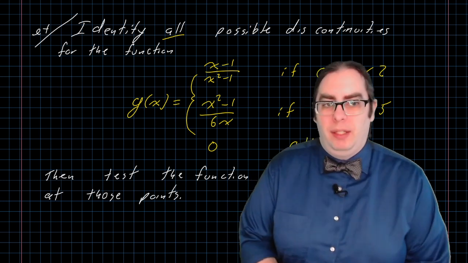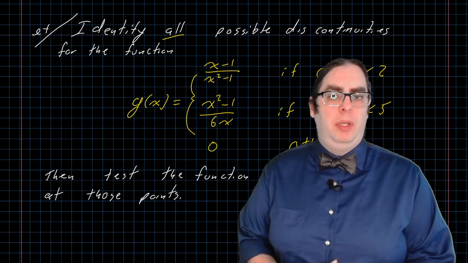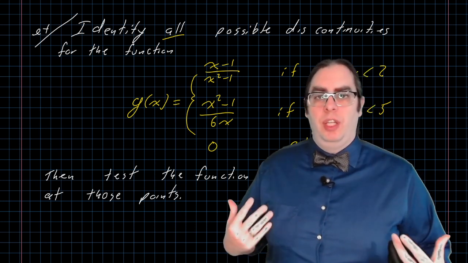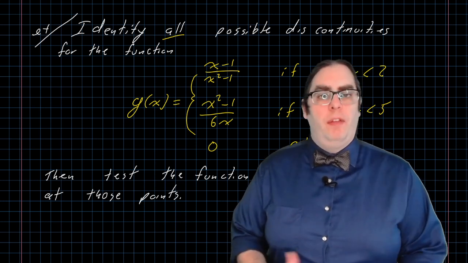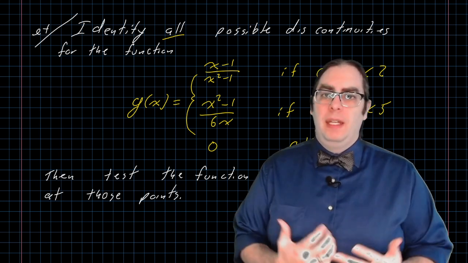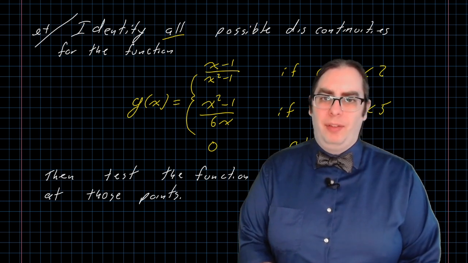I will give you a hint. In this particular circumstance, there are a couple of points that could be discontinuities that are not just the endpoints of the piecewise defined function. So think about all of the things you've learned about continuity in previous coursework. Take a couple of minutes, see what you can do with this one, and I'll see you in the next video.